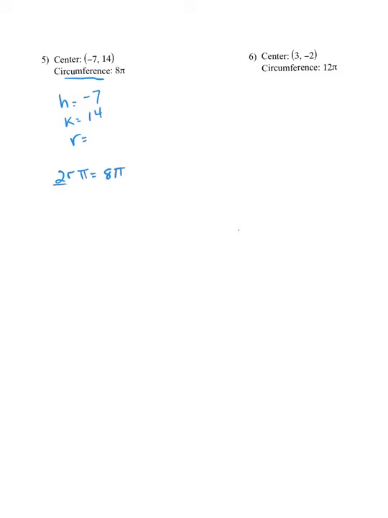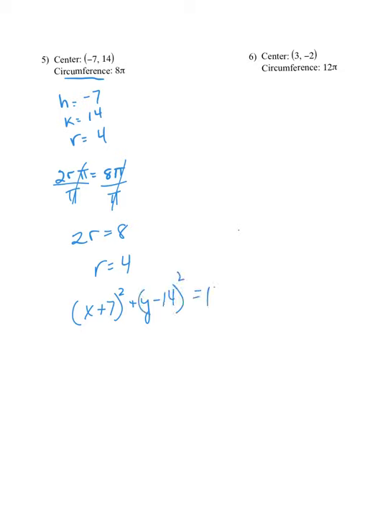And just like before, we divide both sides by pi. You just have to use the right equation. And so all the pi's bite the dust. 2r equals 8, r equals 4. So now we know what the radius is, and we do (x plus 7) squared plus (y minus 14) squared equals 16, which is 4 squared.